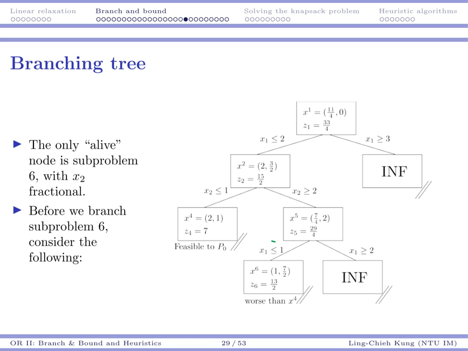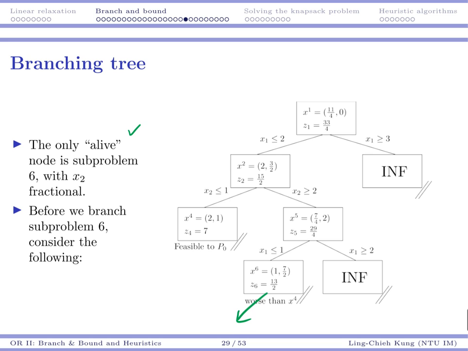So pretty much we are reaching an outcome. But here you may also make an observation on our remaining node P6. The only alive node is subproblem 6, where x2, 7 over 2, is fractional. But don't forget that when we go deeper, our objective value would only decrease, right?